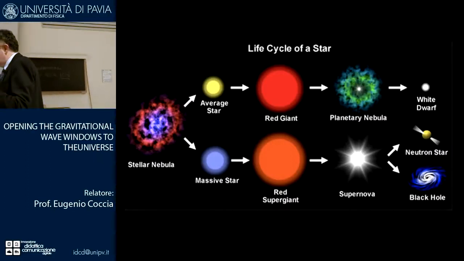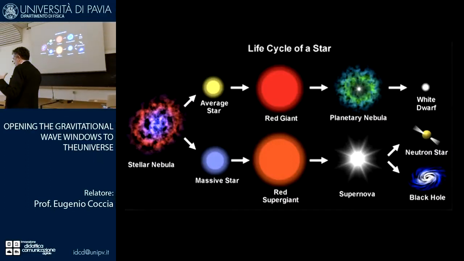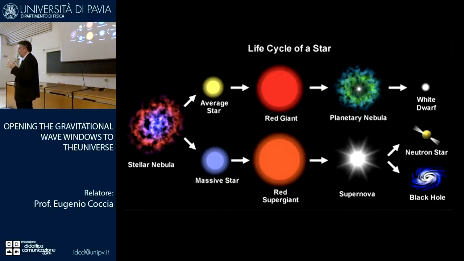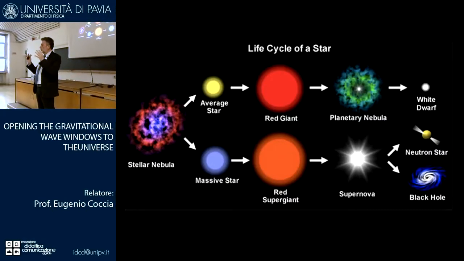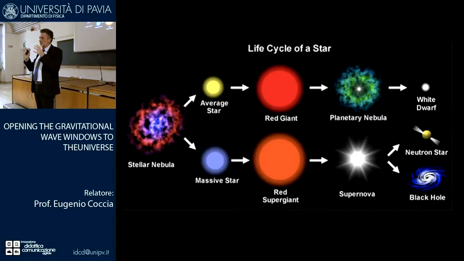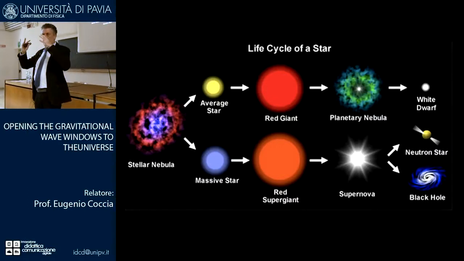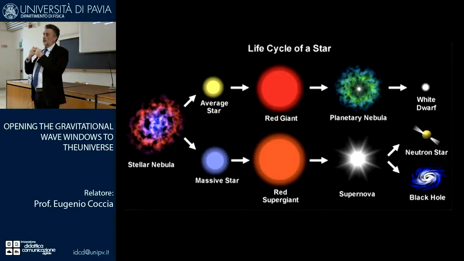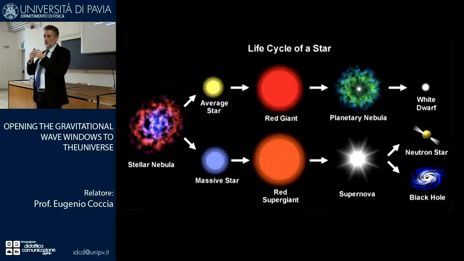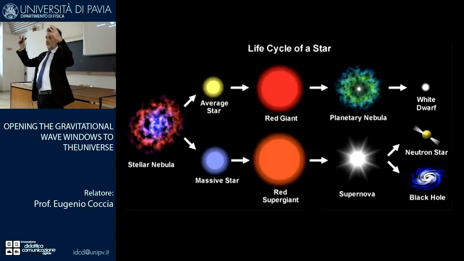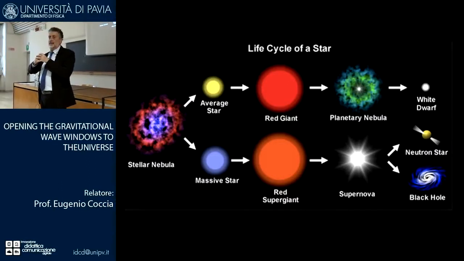see that a star lives for billions of years in a sort of equilibrium between two opposite tendencies. One is gravity, which makes it more and more compact, and the other is the nuclear reaction in the interior, which gives radiation coming out, and the radiation tends to expand the star.